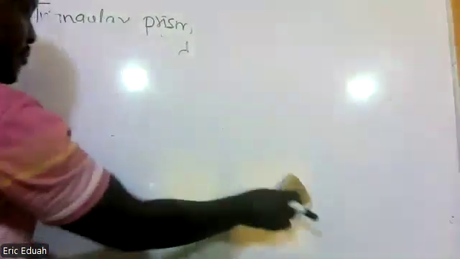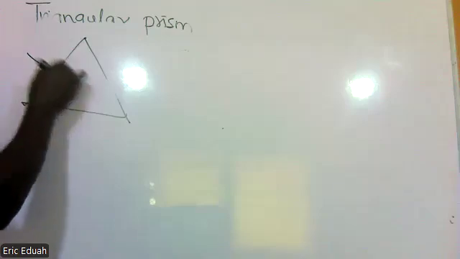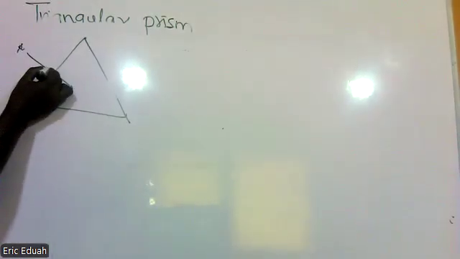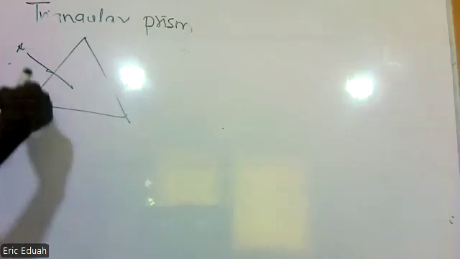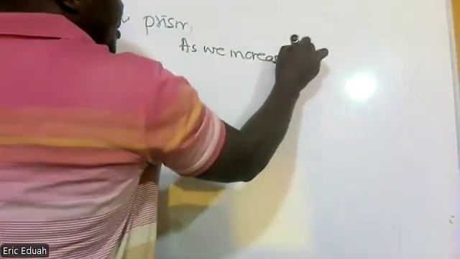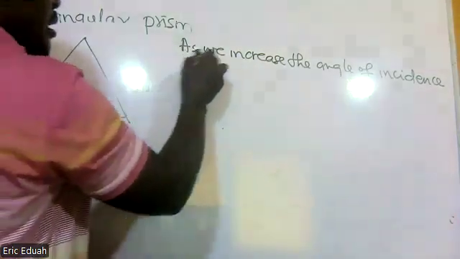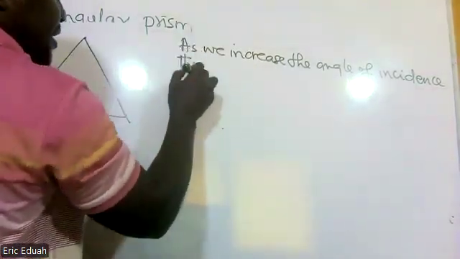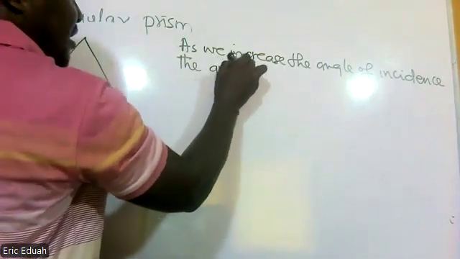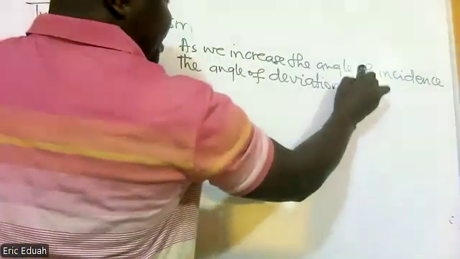If we pick one of them, the angle of incidence, there's a normal, and then we increase the angle of incidence gradually from whatever value, and as we increase the angle of incidence, the angle of deviation decreases.